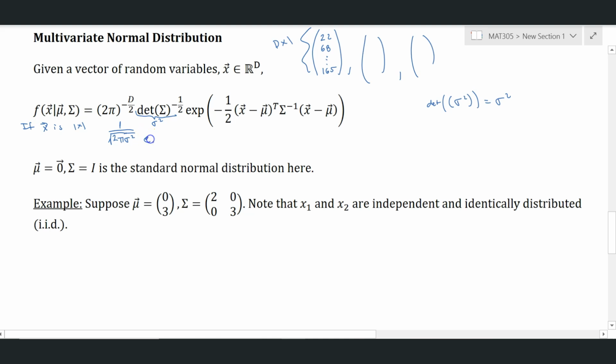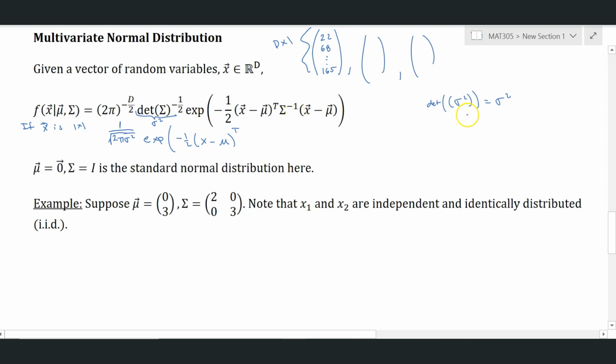Now here we have e to the power of. Now once again, notice that here we'll just have -1/2. The x vector is just a single element, and mu is just a single element. Okay, so that would be the transpose. Again, here we would have the inverse of the variance matrix.